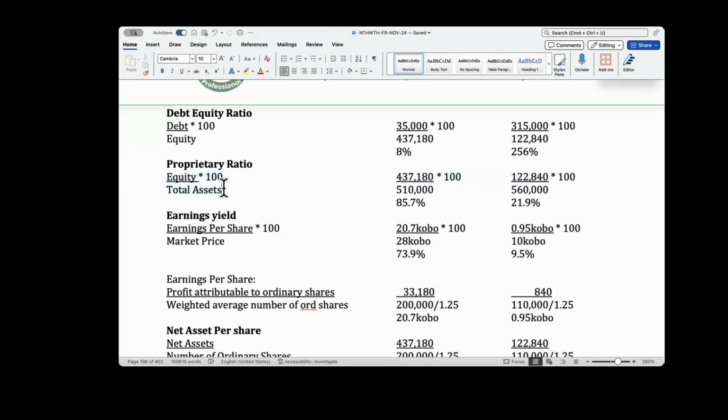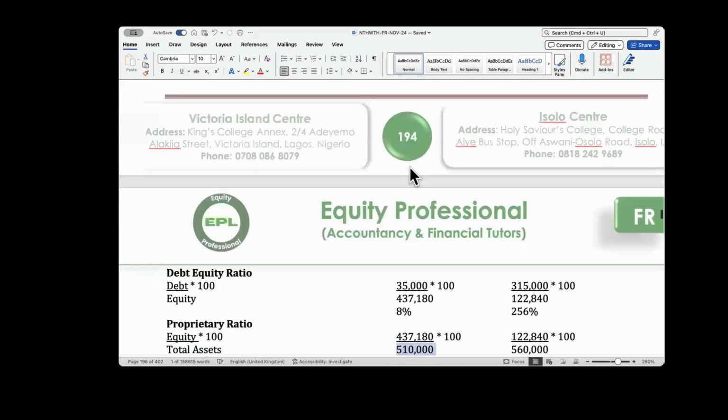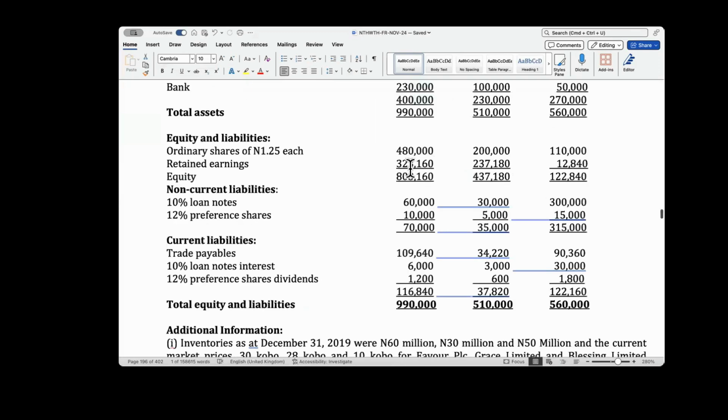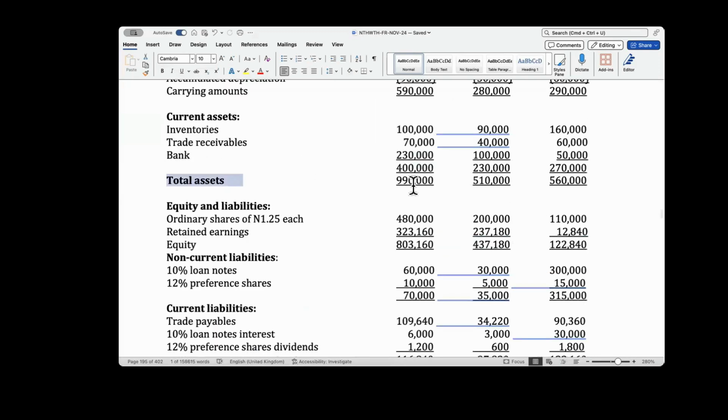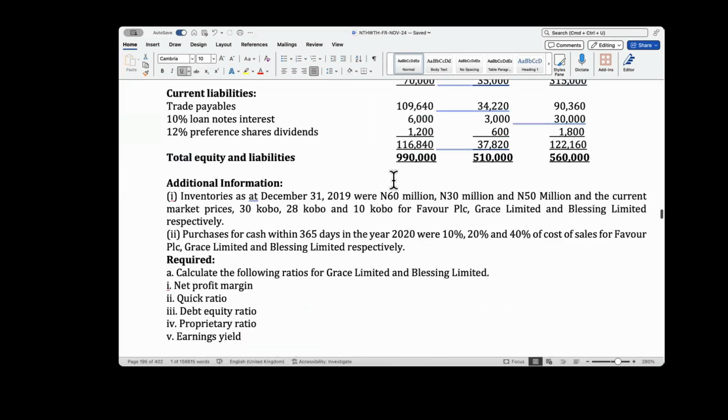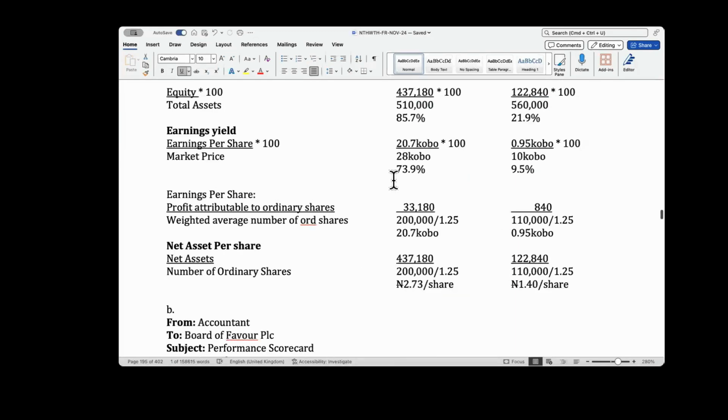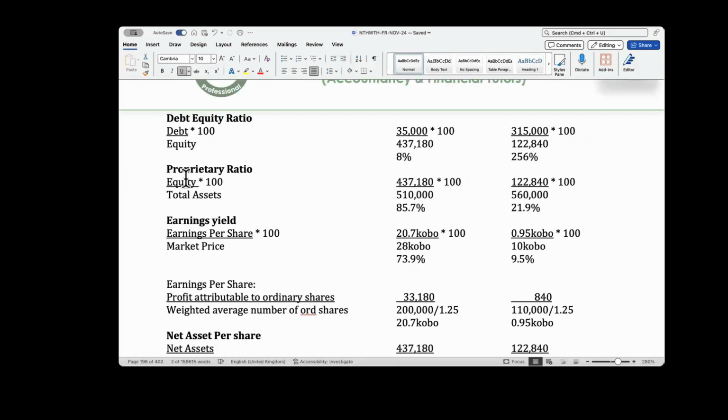My equity, I pick it from here. My total assets, I'll go and pick it up there. In this case, 510, 560. Let me show you, this is my total assets. 510, 560. That's the proprietary ratio. That will give me the portion the equity holders own in the company.